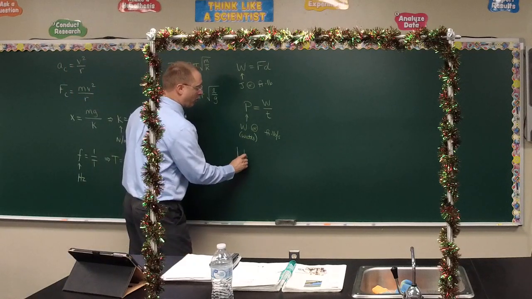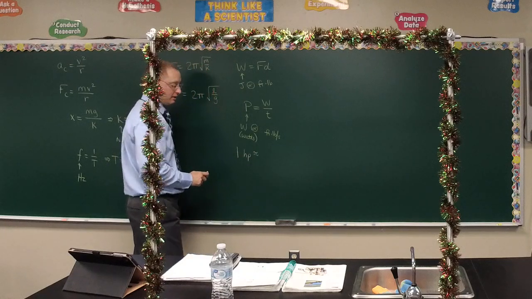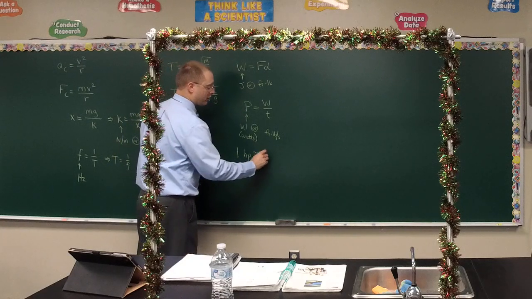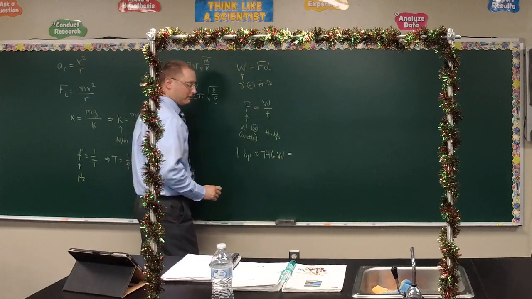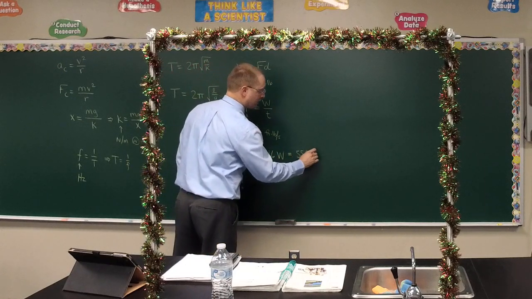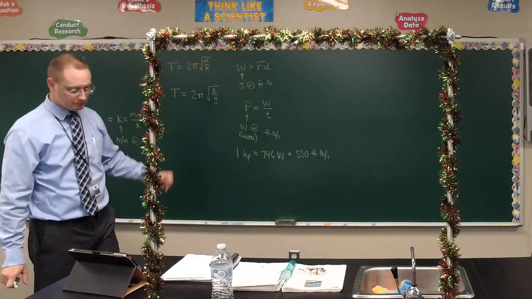You need to remember that 1 horsepower is approximately equal to how many watts? 746 watts. And he actually defined it as being equal to how many foot-pounds per second? 550 foot-pounds per second. So that's power.